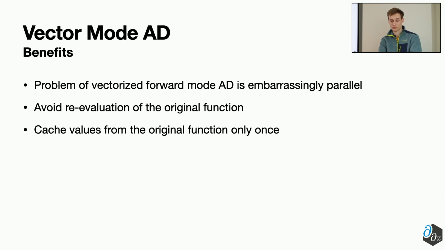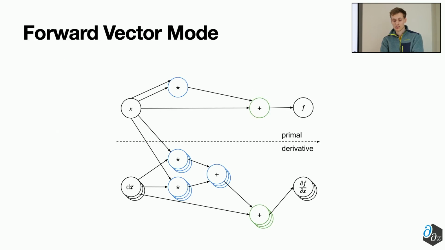And we can also cache values from the original function only once for a whole batch of derivative evaluations. So here you can see how the evaluation of the derivative is embarrassingly parallel. The control flow only depends on the primal, and we have no dependencies on our vectorized operators.